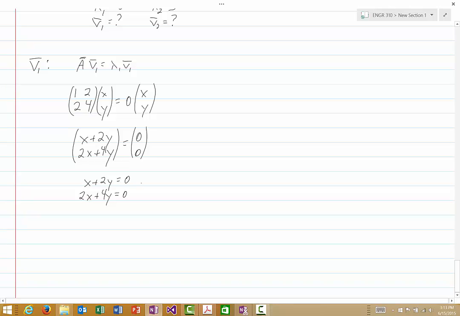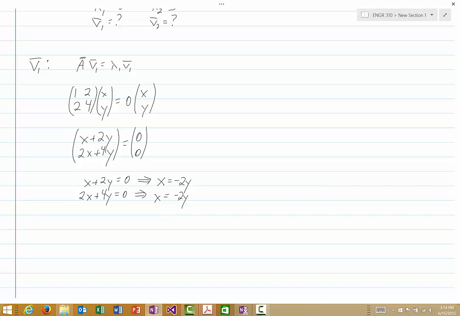And notice that if you do just a little bit of algebra, both of these equations imply that x is equal to negative 2y. Now, any non-zero vector in R2 that satisfies that equation will be an eigenvector of A with associated eigenvalue of 0.